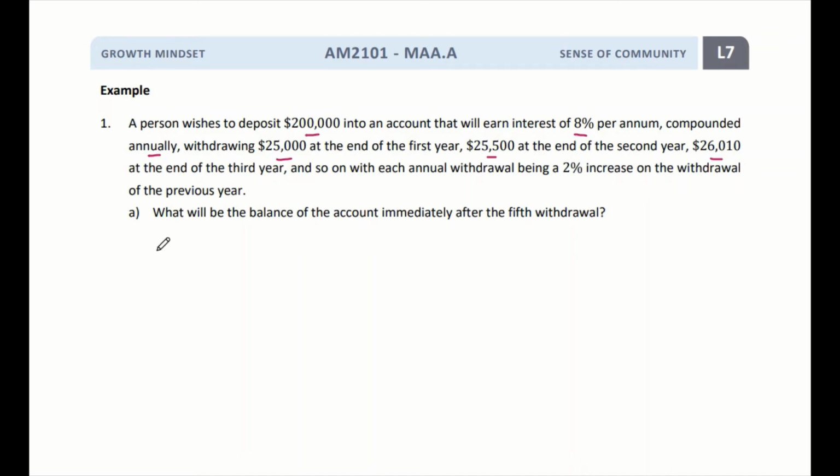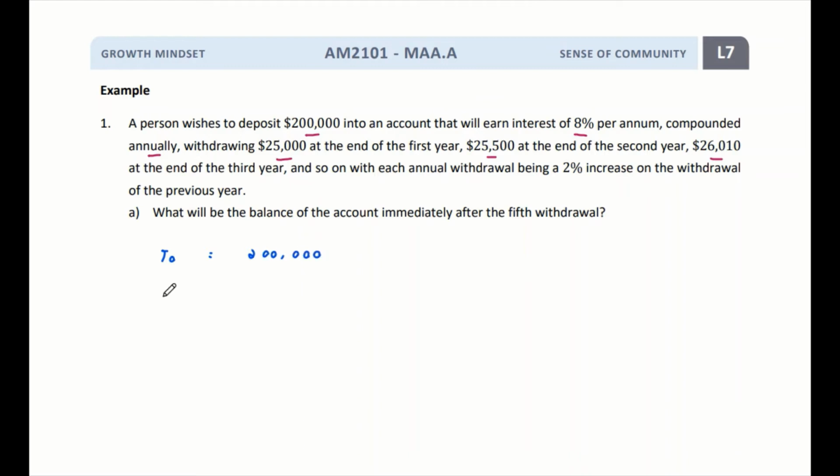So first thing, if you want to write down the timeline, you can also imagine what happened here. Maybe you can try to just write down the terms. So what happened in T0 when you first started off? You have 200,000.